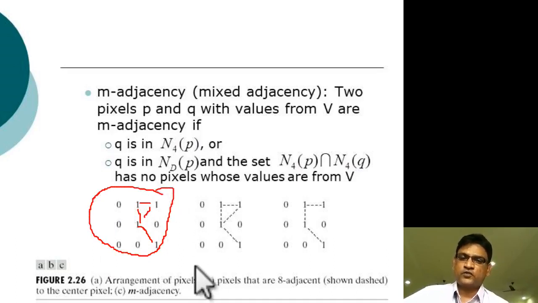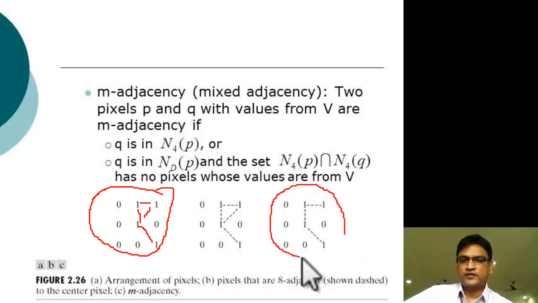Here there is a small confusion. Here we have two paths. One path is this way and the other path is this way. This results in ambiguity with 8 adjacency, and this is eliminated by m adjacency. This stands for m adjacency, where we can see that all the 4 pixels with V equal to 1 are connected.